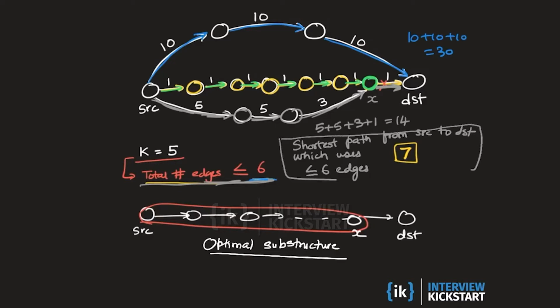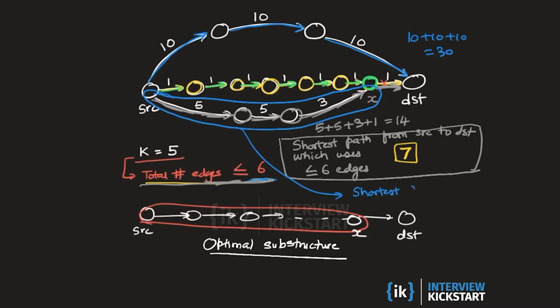The question is, if we look at any prefix of that path, let's say we take this prefix from the source up to x within the blue oval, is this blue prefix the shortest path from the source to x which uses less than or equal to 6 edges?